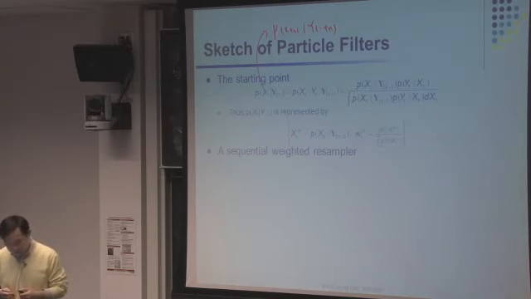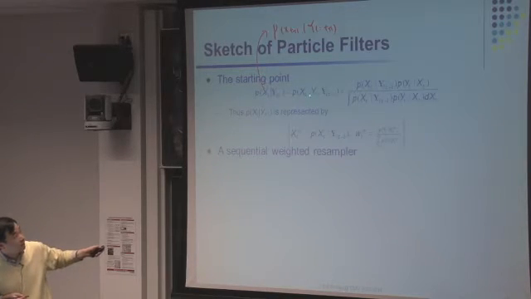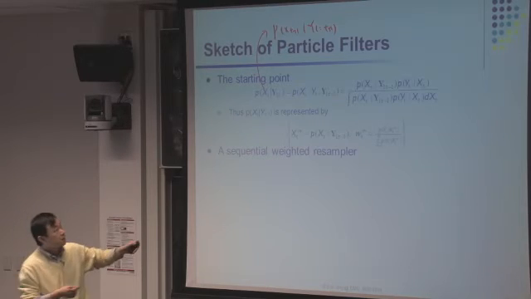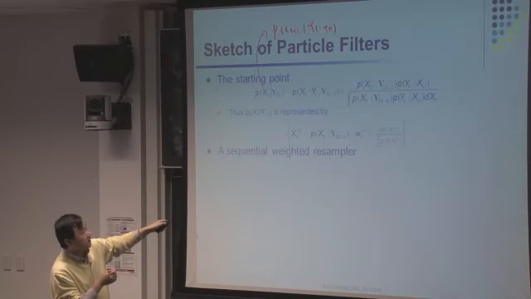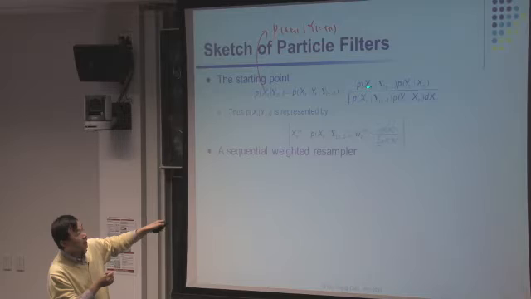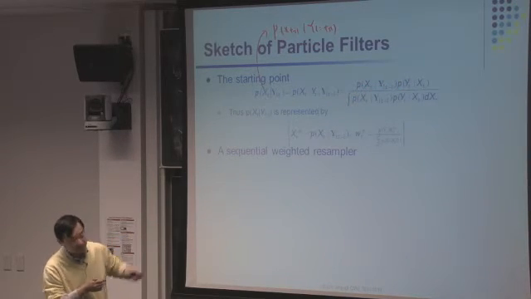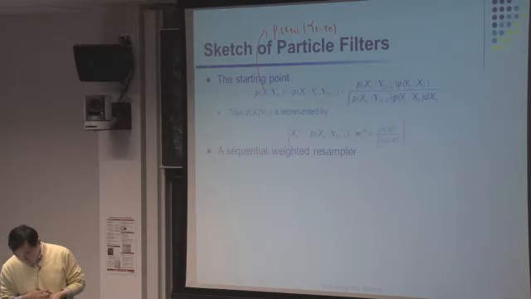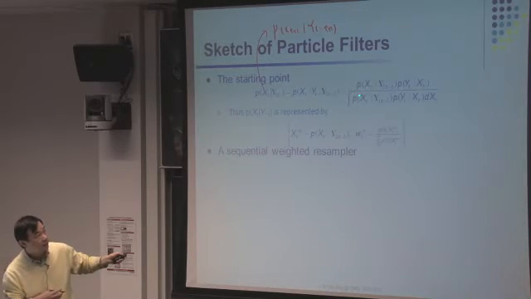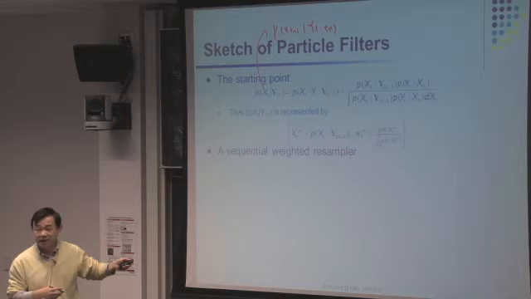Here are some interesting derivations. I want you to understand why I go from this step to this step. First of all, the importance of this rewriting is that this is more like a sample-based representation.